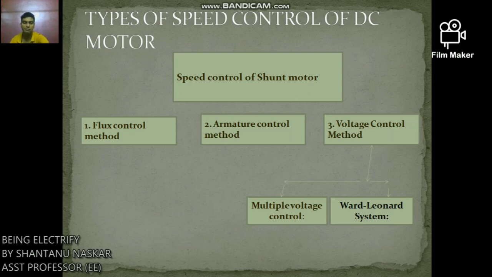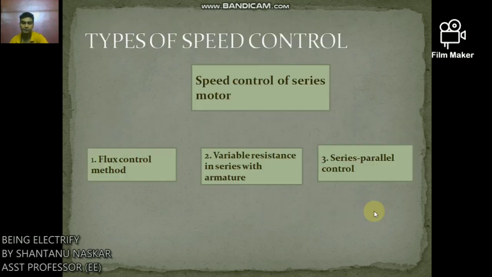In the voltage control method, there are two types: multiple voltage control and Ward-Leonard system. Next, speed control of a series motor. In a series motor, there are three control methods: flux control method, variable resistance in series with armature, and series-parallel control.